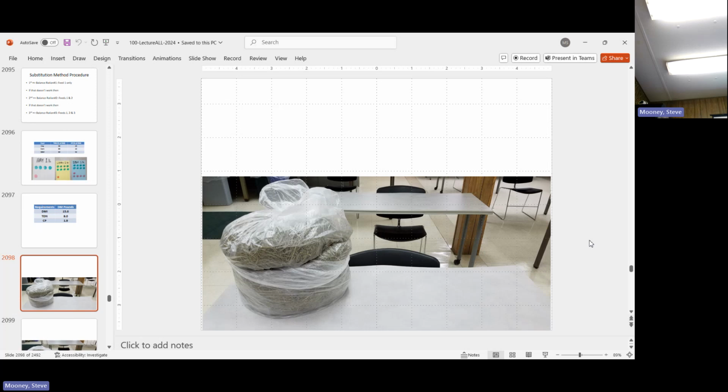So for every pound, I get 1 dot, 1/10 of a pound. 10 of those add up to 1 pound. Everybody with me on that? How many pounds of crude protein do I have in my corn? Each of these pounds of dry matter gives me 1/10 of a pound of crude protein, 1, 2, 3, 4, 5. 5/10 of a pound plus 1 pound gives us what? 1.5 pounds.